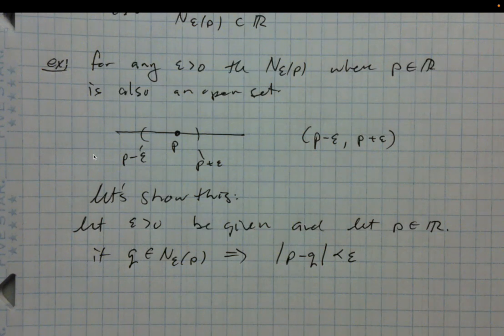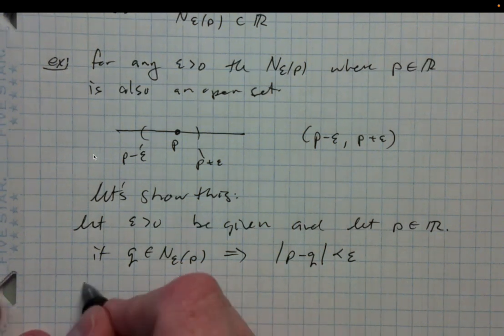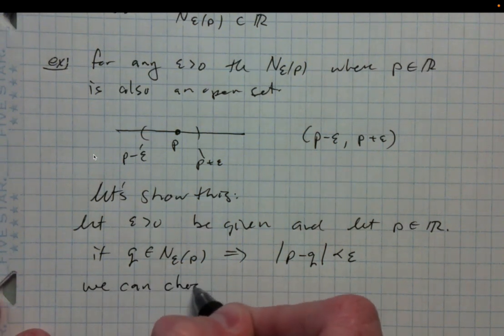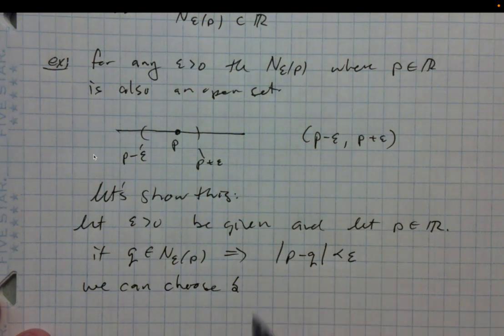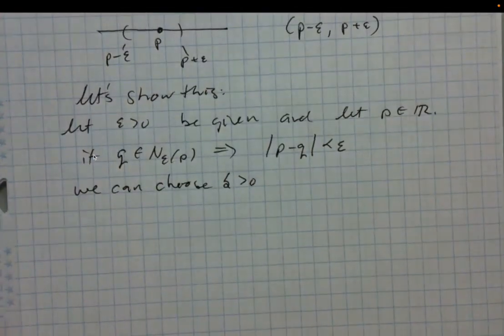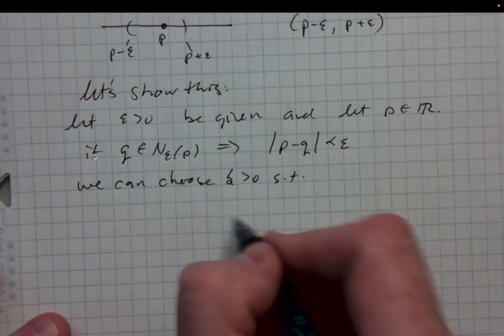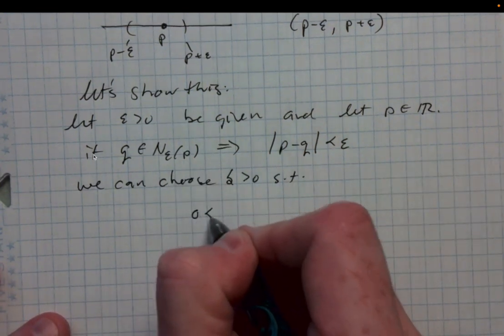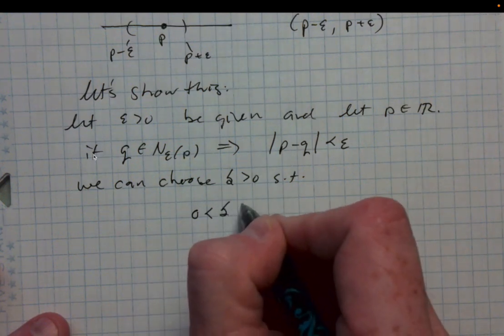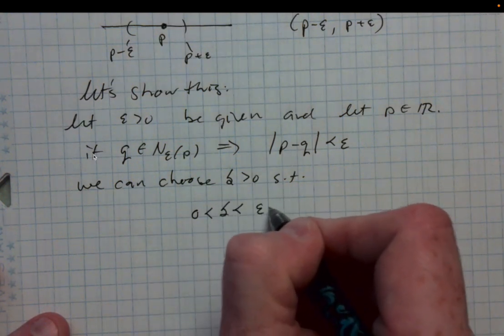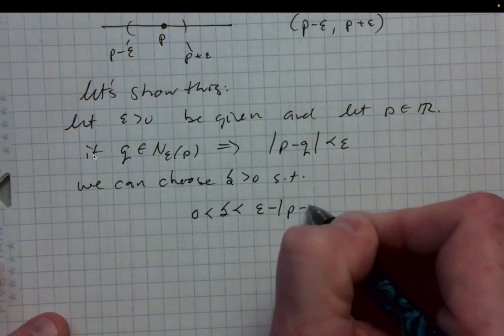Okay. And so what we can do is choose delta, another small Greek distance. We can choose delta greater than 0 such that 0 is less than delta, which would be less than epsilon minus whatever this distance is, |P minus Q|.